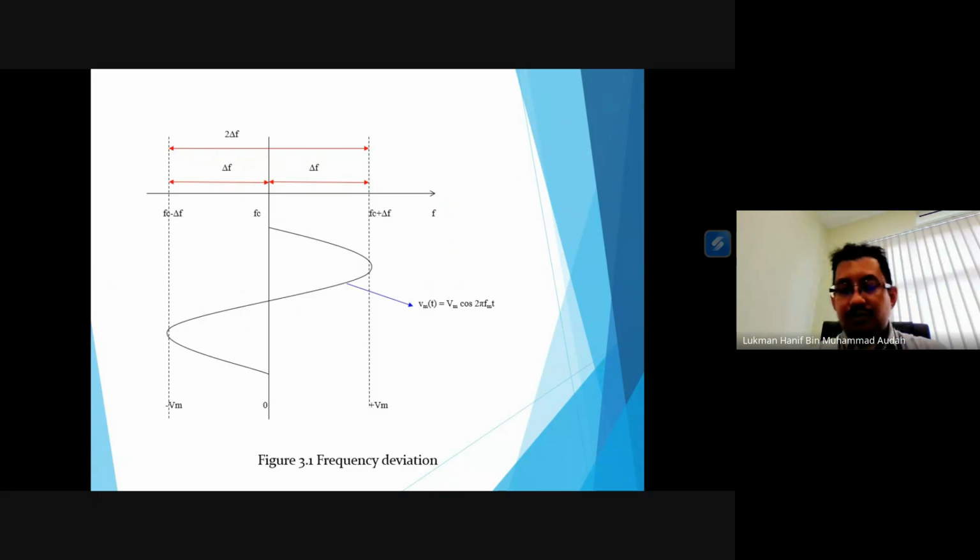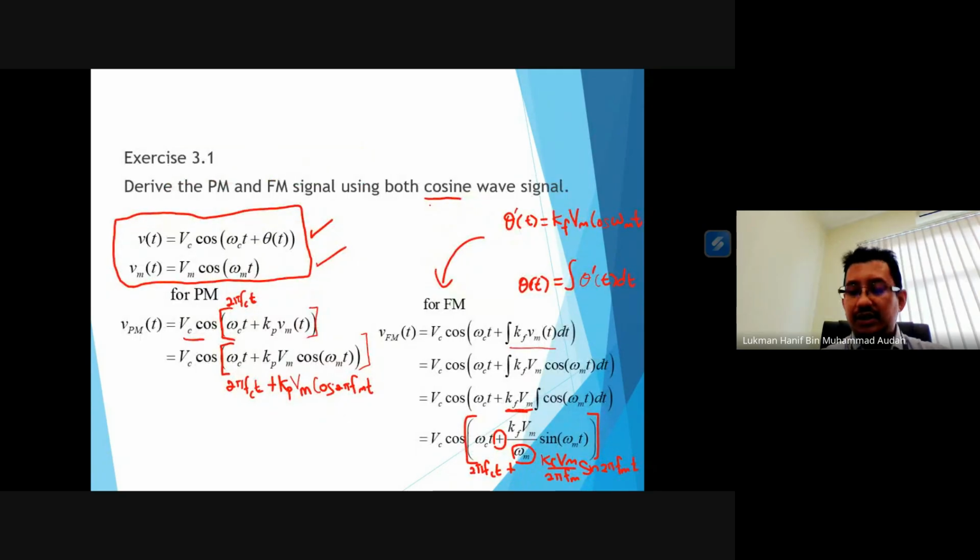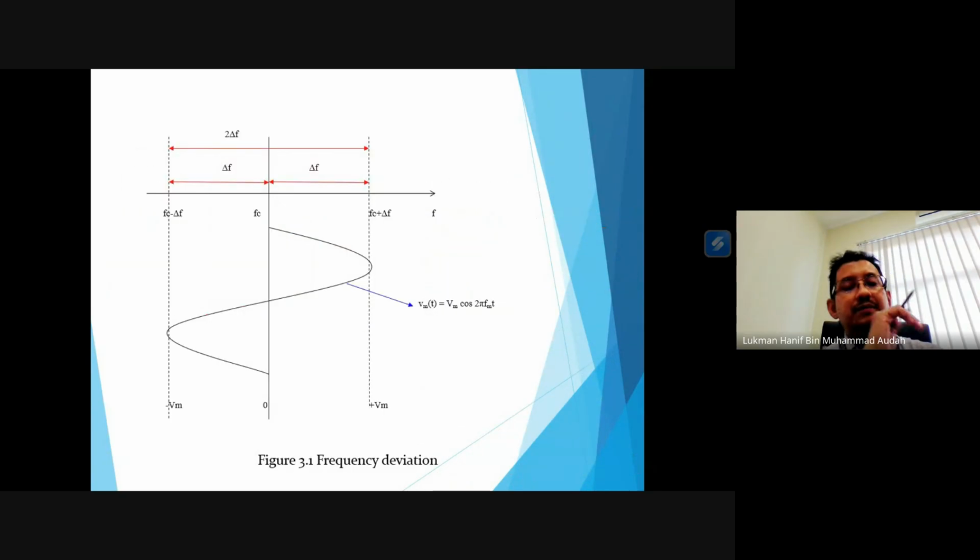From these equations, we can see this is the graph showing the frequency deviation of the carrier.